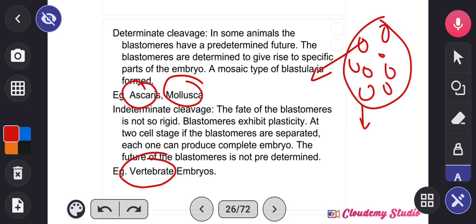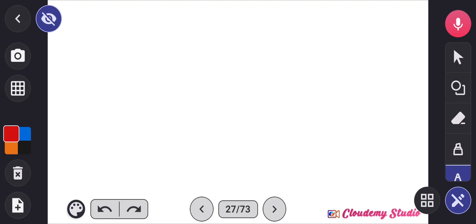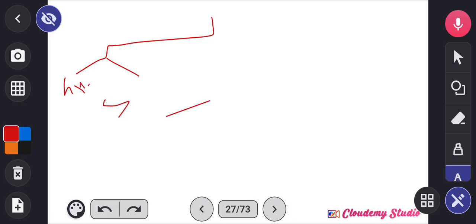It can also be classified into radial cleavage or spiral cleavage. It can also be classified into holoblastic cleavage or meroblastic cleavage. You understand? So I can say that cleavage can be classified into holoblastic or meroblastic.